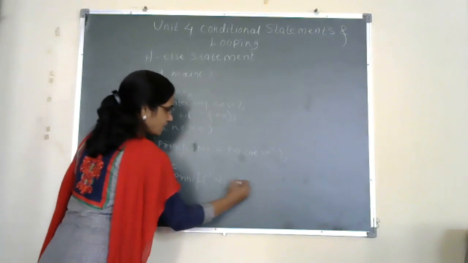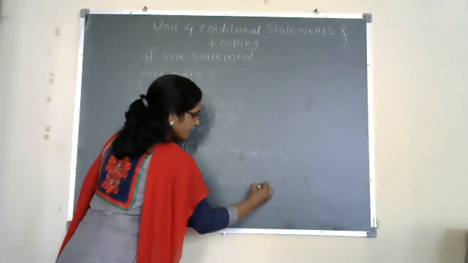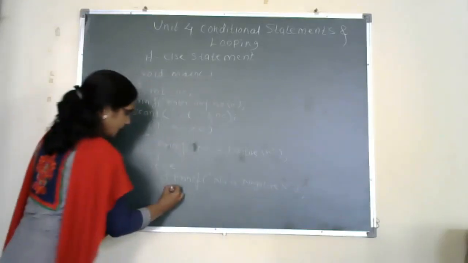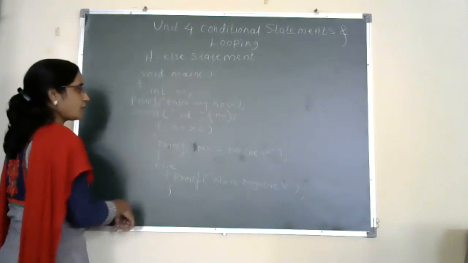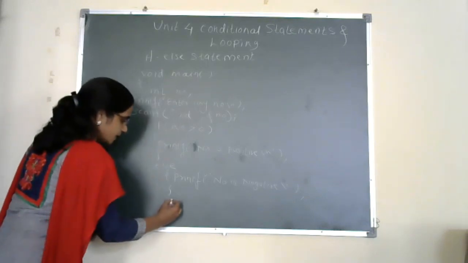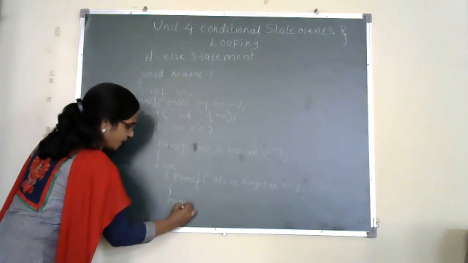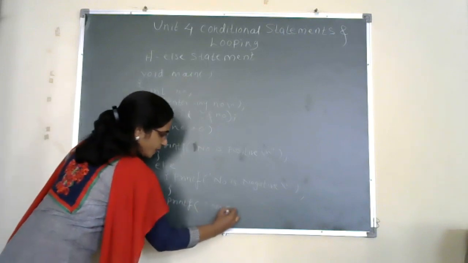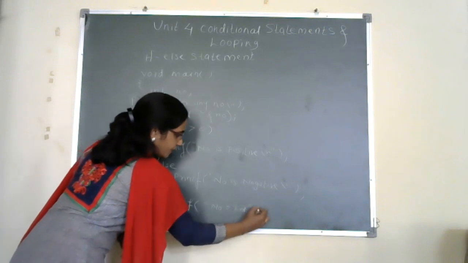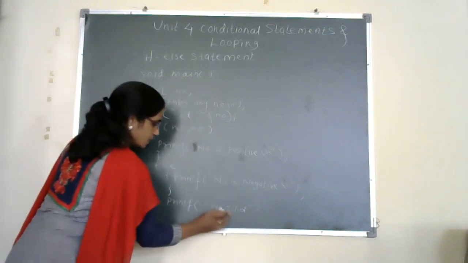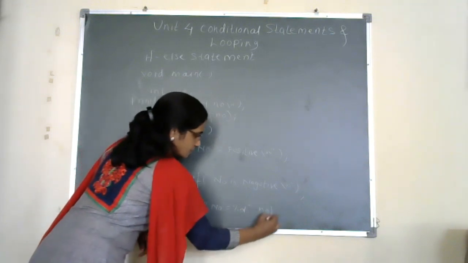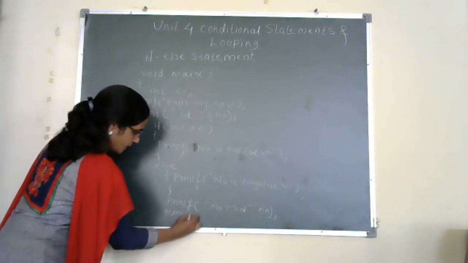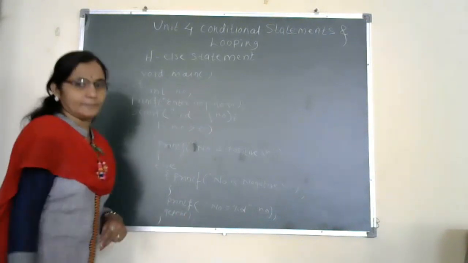So otherwise the number is negative. Very simple example: number is negative, and the else block is completed. Afterwards comes the statement X, which means you just print the value of the number: printf the number equal to %d. The number entered by the user will be displayed on the screen.